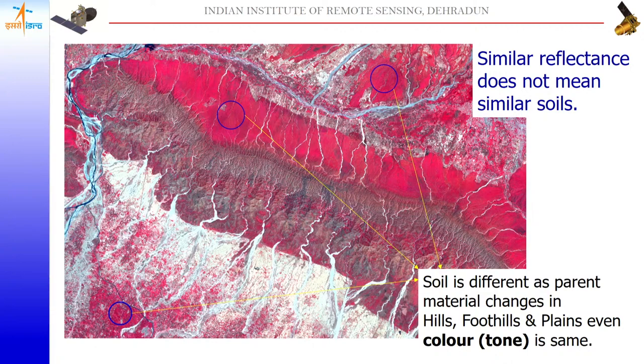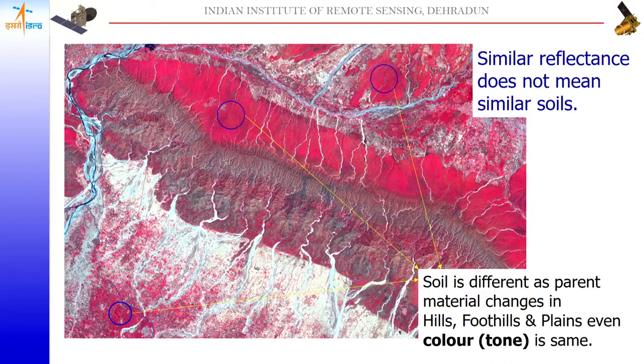When you are preparing land use land cover, with similar surface reflectance the areas are characterized as the same land use land cover, but that is not the case with soil. Soil is mainly controlled by topography, parent material, and type of land use.